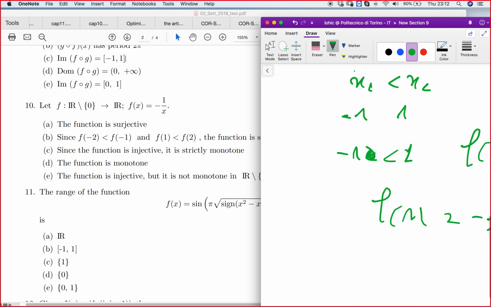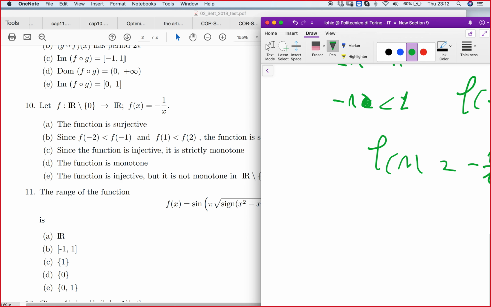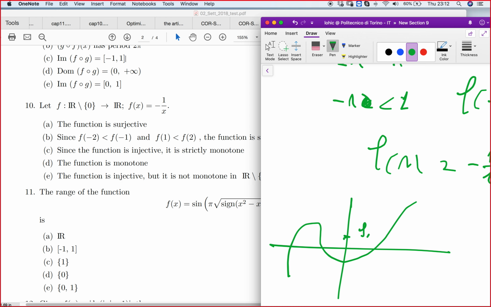In fact, if you get something like this, to the same y you can have many x, right? So this x, this one, this one. So a function like this one is not injective, yes or not?